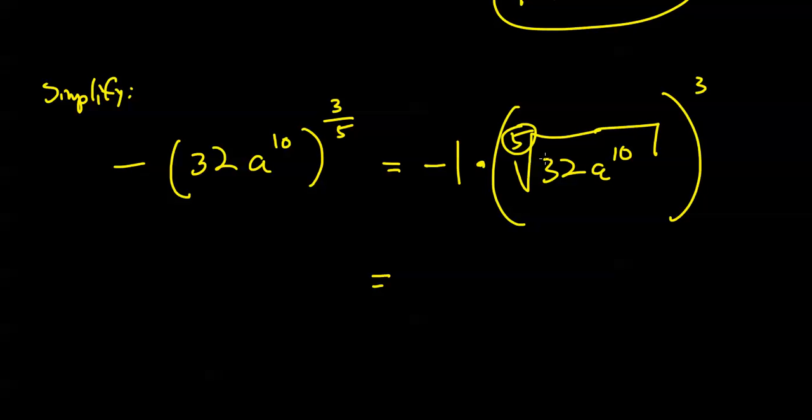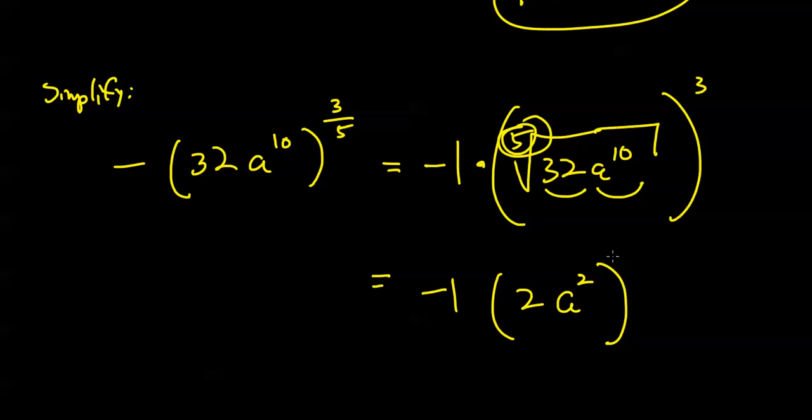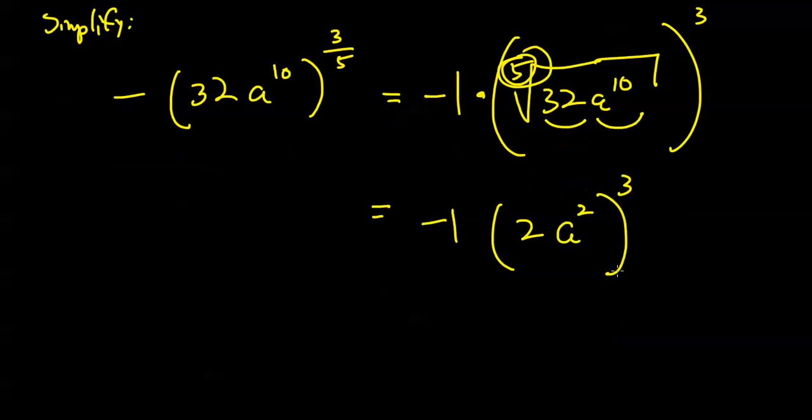Well, we know the fifth root of 32 is 2. What's the fifth root of a to the 10th power? Please convince yourself the fifth root of a to the 10th is a squared. A squared is the quantity we raise to the 5th power to get a to the 10th. And don't forget, you also have to work that numerator exponent now that you've cleared away the root.